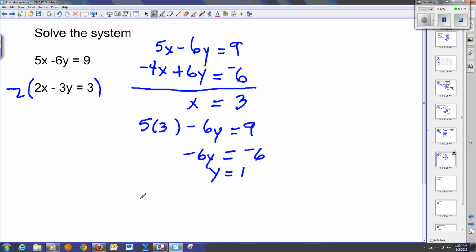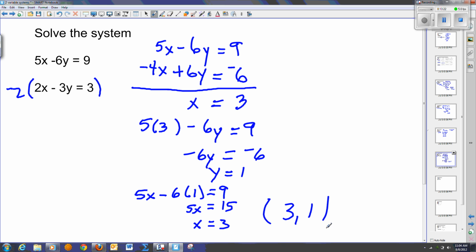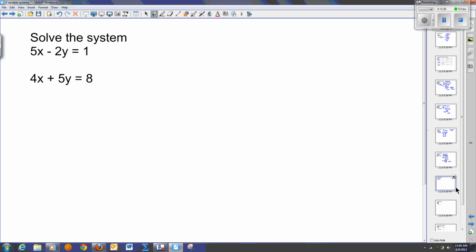Substitute back in. 5x minus 6 times 1 is 9. You get 15 equaling 5x, and x equals 3. Thus, solution to the system, 3, 1. Couple more.